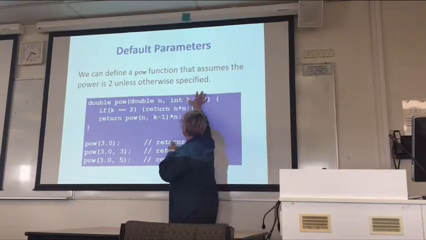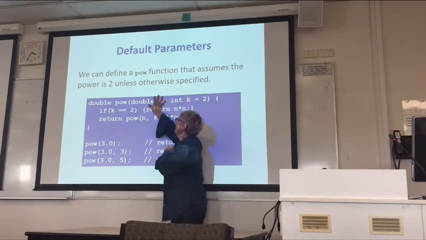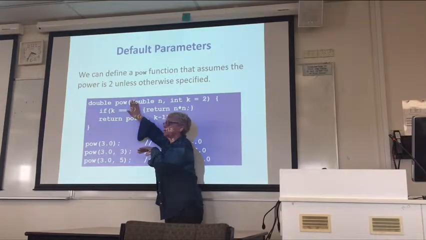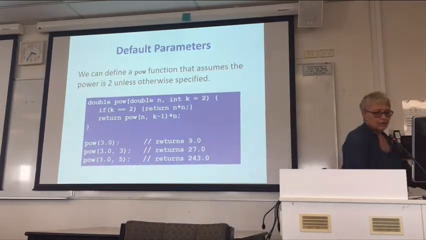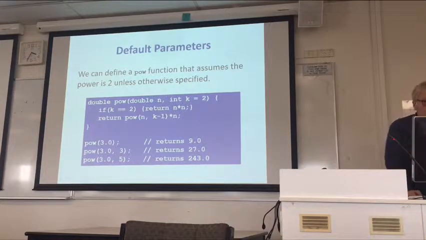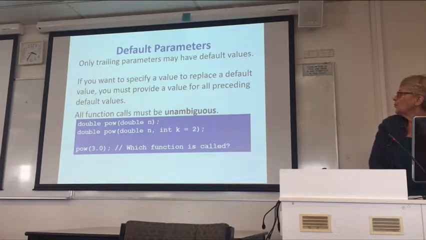We might have the last and the one before defaulted, and the first one undefaulted, and we can have all 3 defaulted. It's up to you to decide. But definitely from the back to front, trailing parameters may have defaulted values.